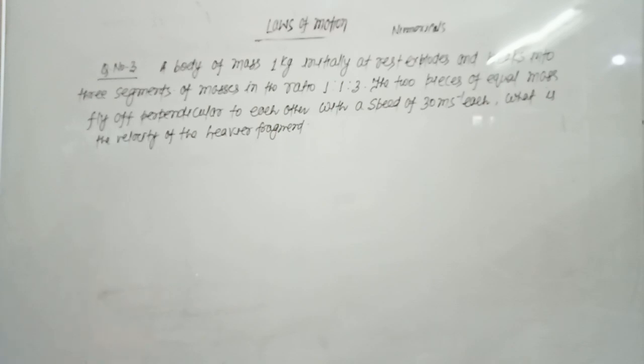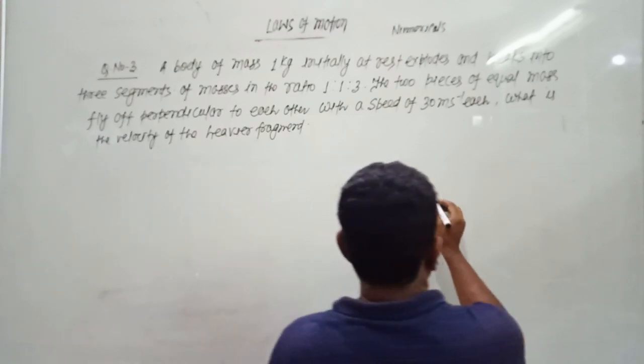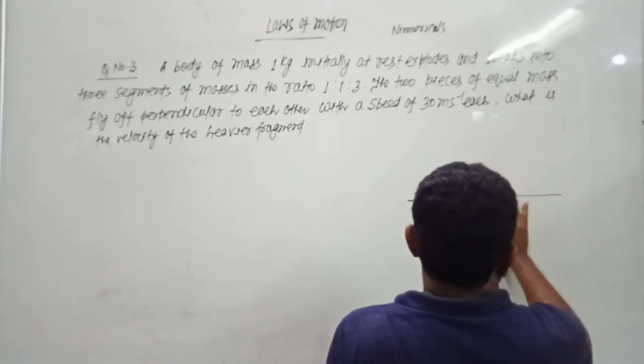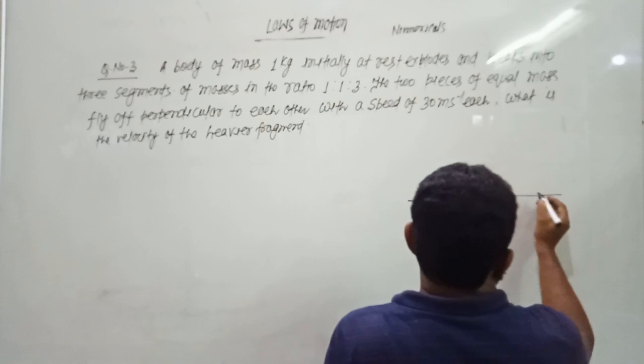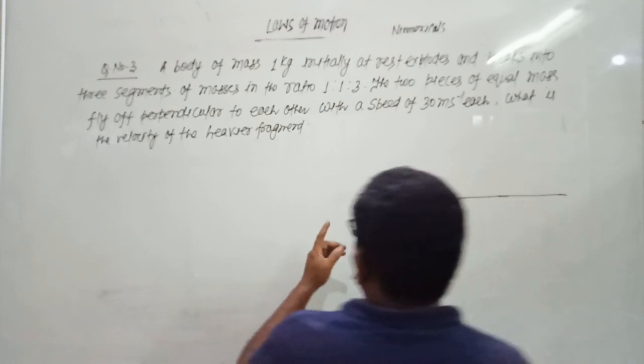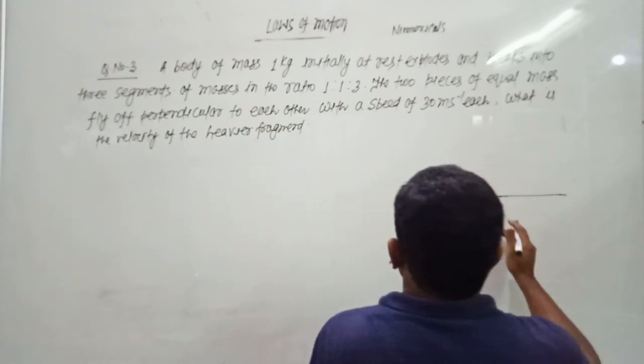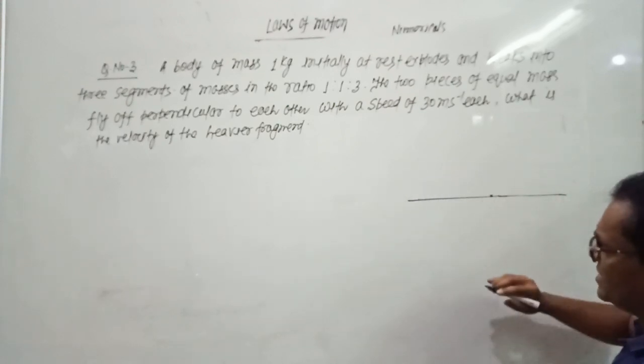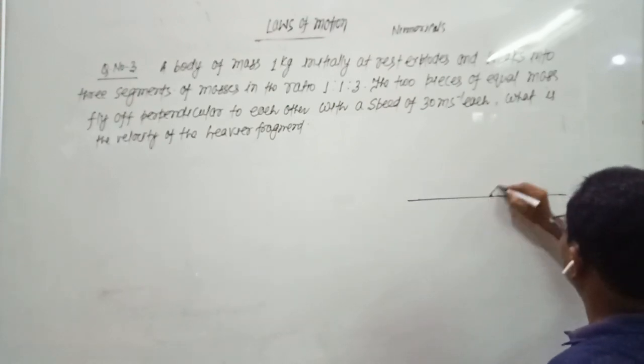So we first calculate the mass of each fragment, and the diagram is: a body of mass 1 kg initially at rest explodes and breaks into 3 segments of masses.